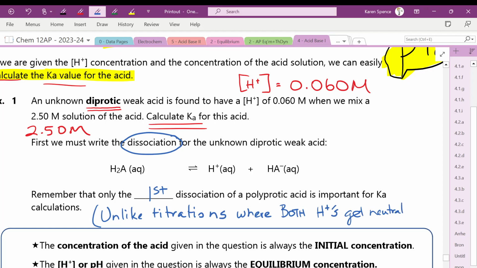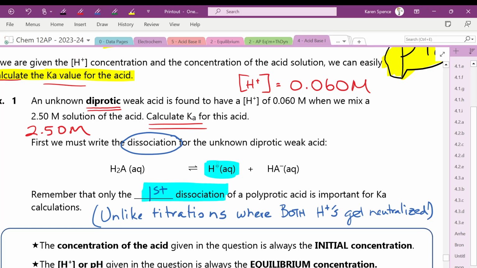I bring this up because you're going to be dealing with some of those on Monday, with the titrations. Unlike titrations where both hydrogens get neutralized, if it is a dissociation, which is what we have for our RICE table, it's only the first one.